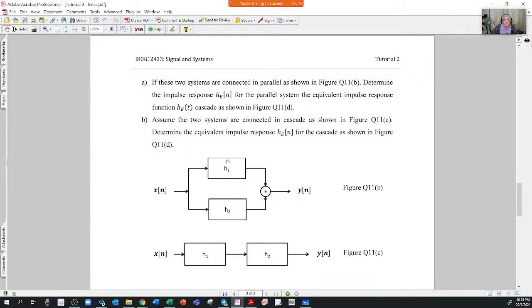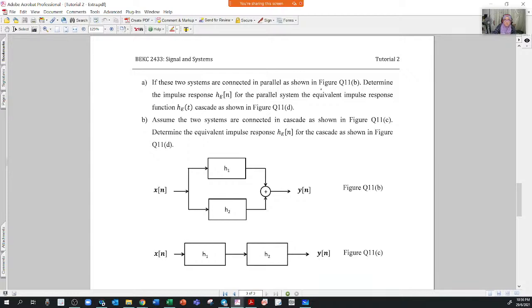It looks complicated, but actually it is not complicated. So read carefully. Every time when you read the question, read carefully.